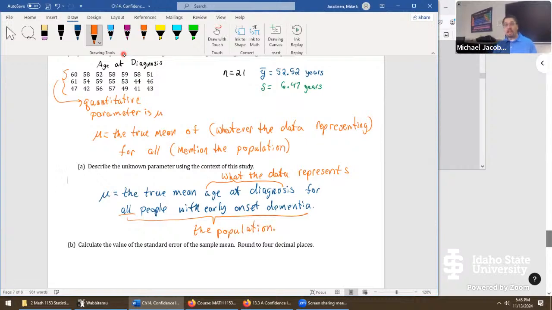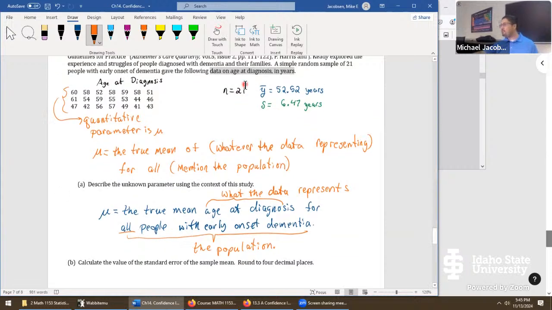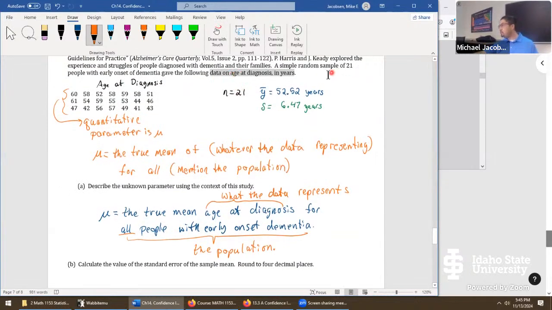So we are concerned with everybody who's afflicted with this condition. On hand, we have just 21 people. It was a random sample, so that's very helpful information. But these 21 people, since it's a simple random sample, could very well actually represent well all people with this condition. So now we're ready to start cranking out a confidence interval to give a very good honest estimate of that value there, mu. Any questions at the moment?